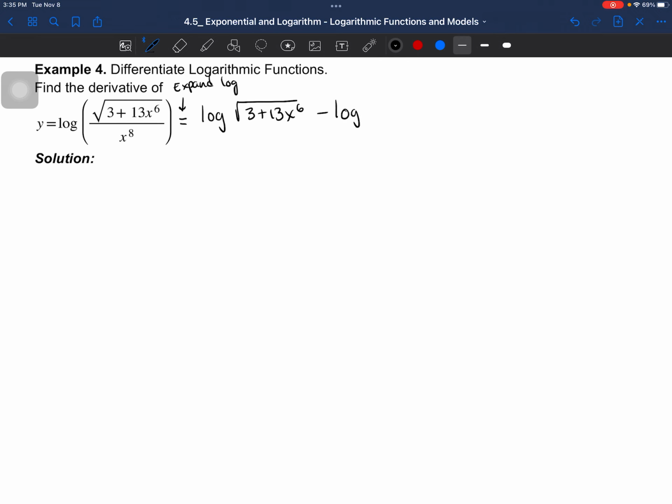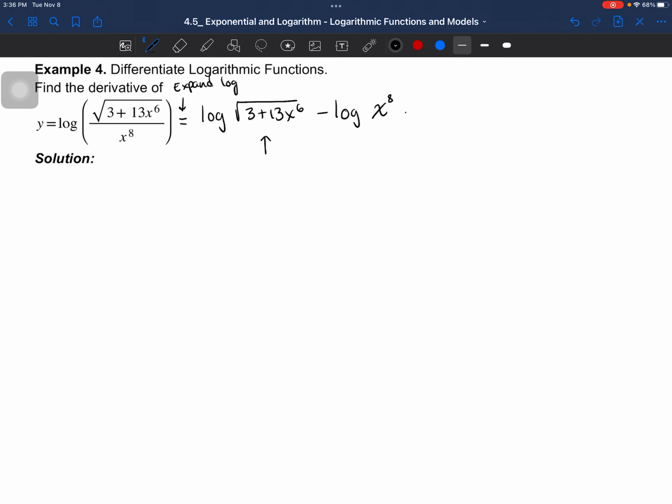Here is the numerator, and here the denominator. So we take the logarithm of the numerator minus the logarithm of the denominator, right? That is the quotient property of the logarithm.